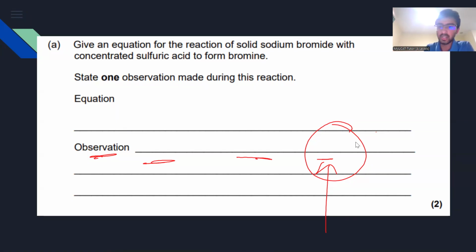Yep. So all of them are going to do that. And so what might the equation for that look like, for sodium bromide and sulfuric acid? Yep. So we've got NaHSO4 and HBr.